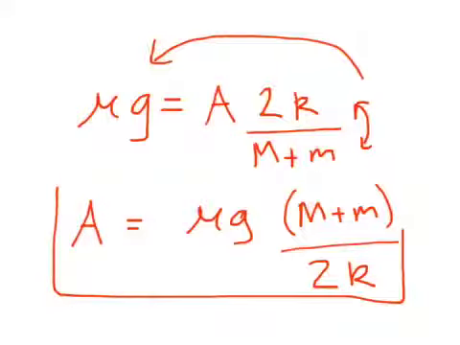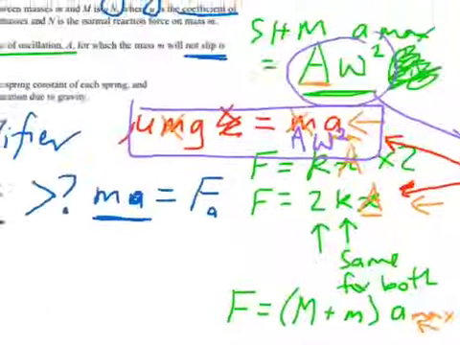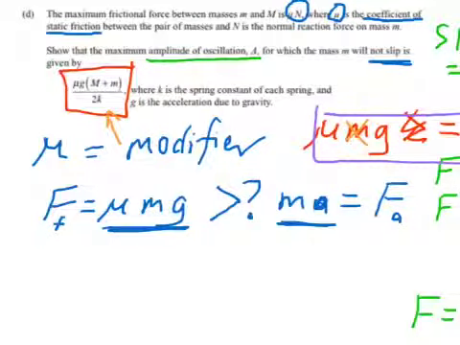So that gives us our maximum amplitude before which it won't slip, which is what we're after. You sort of lose sight of that sometimes when you're following all these things through. And that's exactly what we ended up with here, which is nice.